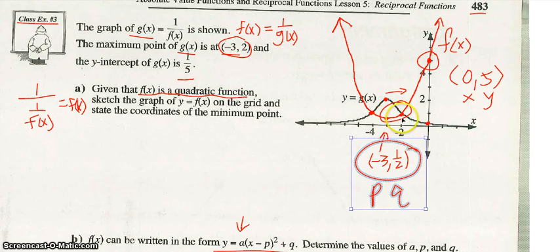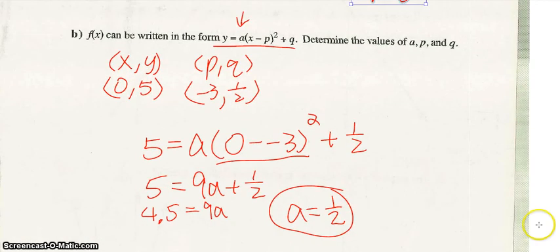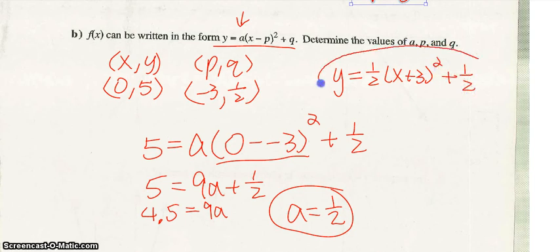So you move 1, and then up by half. How come it's not 1? Because it has been compressed by half. So my final answer is y equals A times x minus the vertex, negative 3, so (x + 3) squared plus half. This will be my formula.